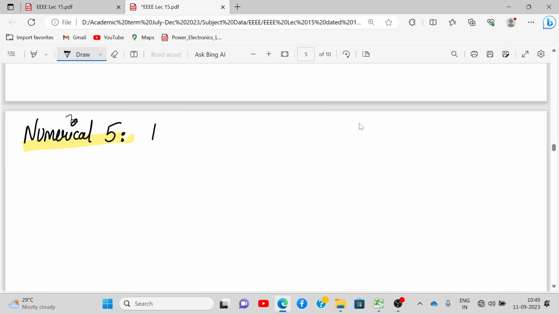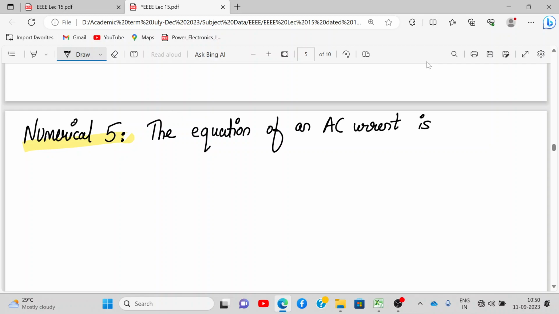The equation of an AC current is I equal to 62.35 sine of 323t amperes.